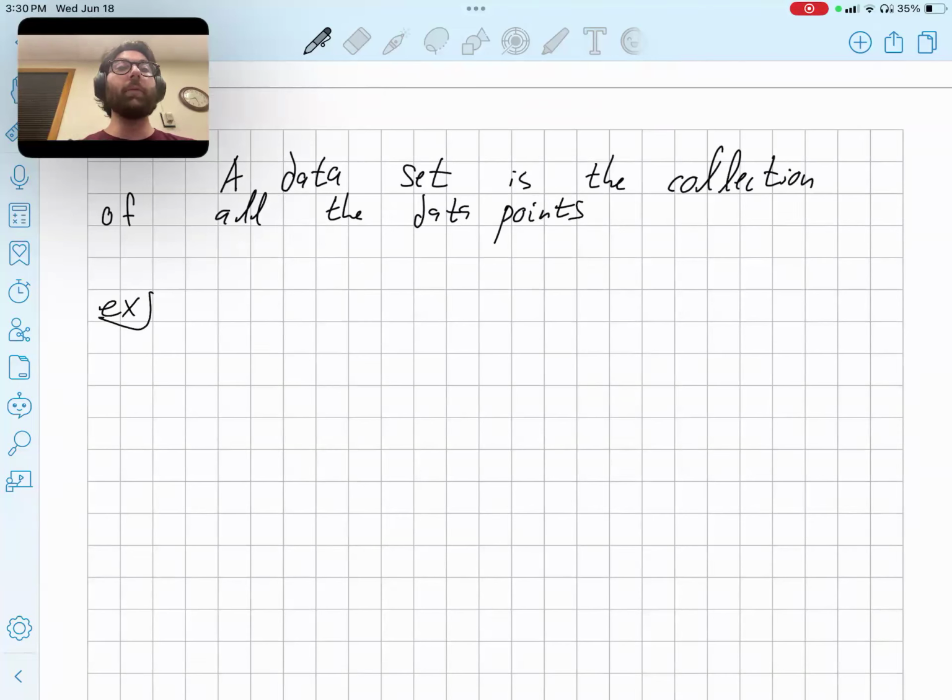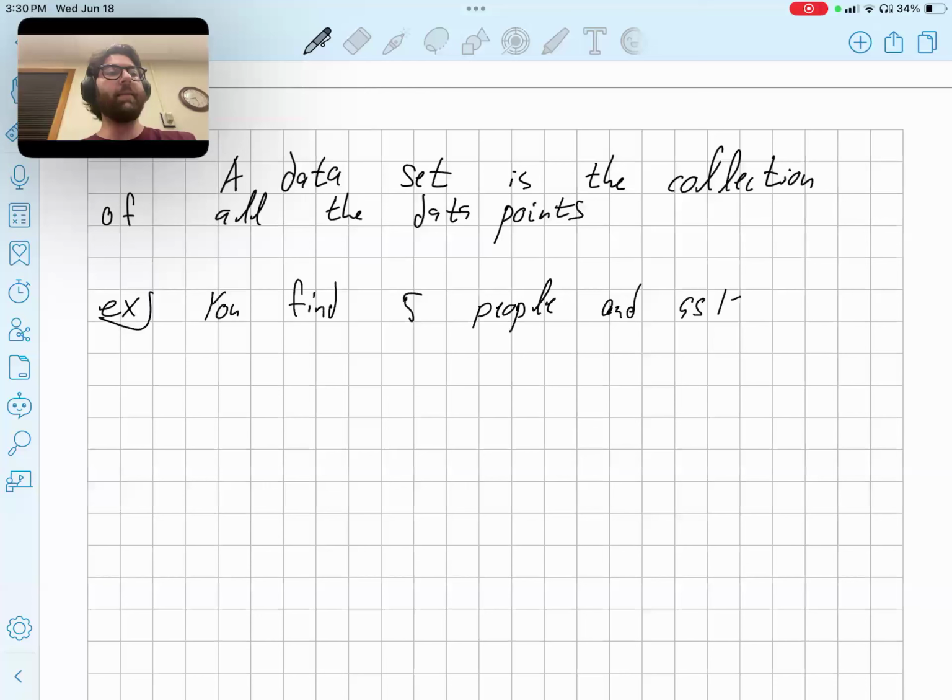And data points can really be anything, but let's say you find 5 people and ask them their favorite color.